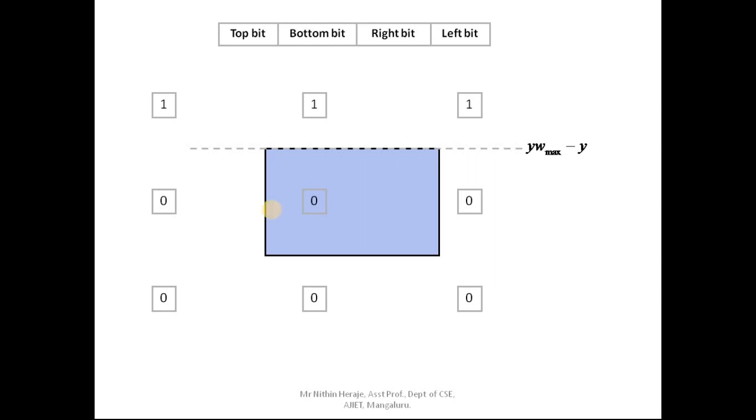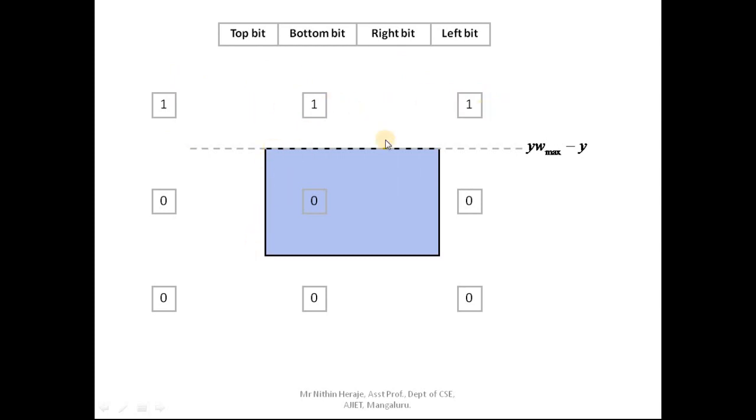So this is the top region, and here the bit has been set to 1. I'll tell you why as and when we proceed. Now you will come to know why it is.